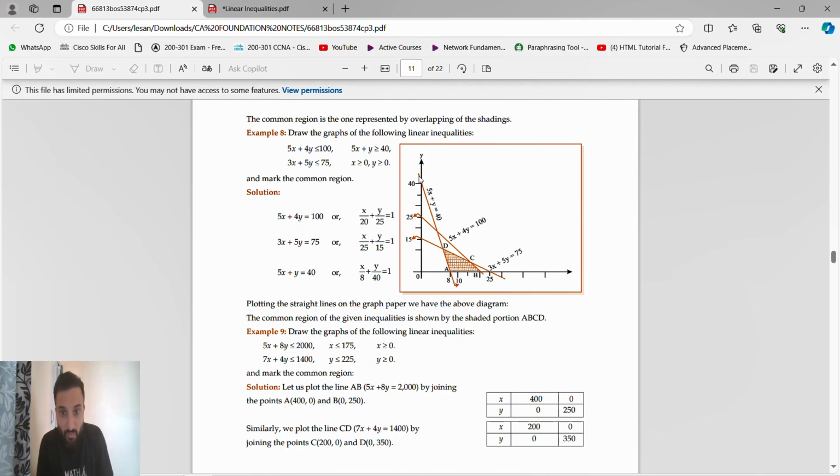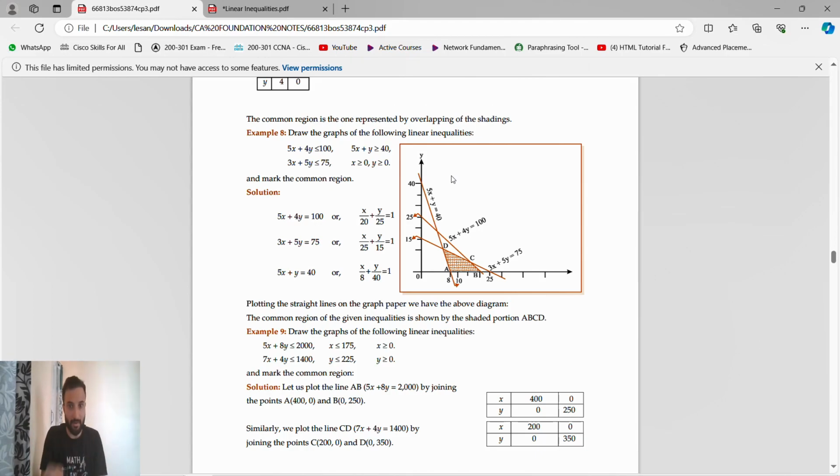Then this line 5x plus 4y, this is going outside, while the other is coming inside, so it will not go beyond this line. Anything beyond this outer line is not applicable. So why not this region? This region is not there because this line will not come, so the common region is this.